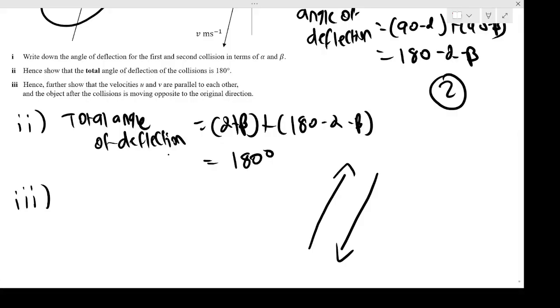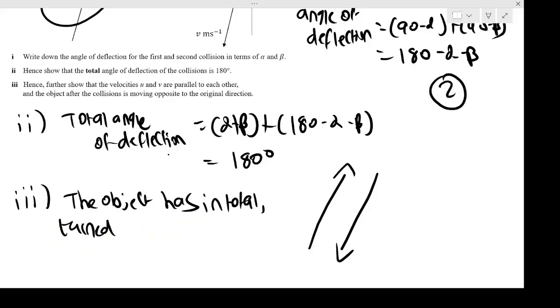Okay, so I'm going to say very briefly that the object has in total turned 180 degrees to the original direction or velocity, right?